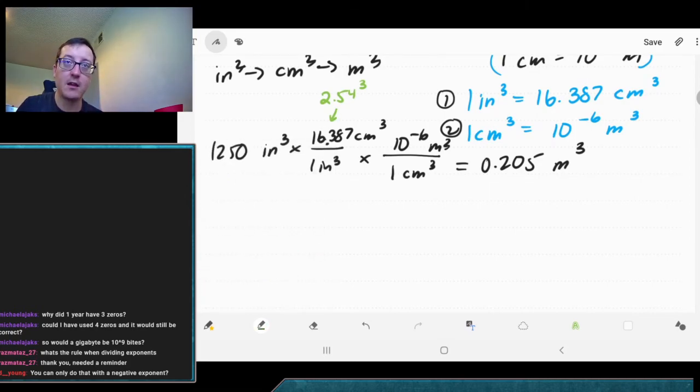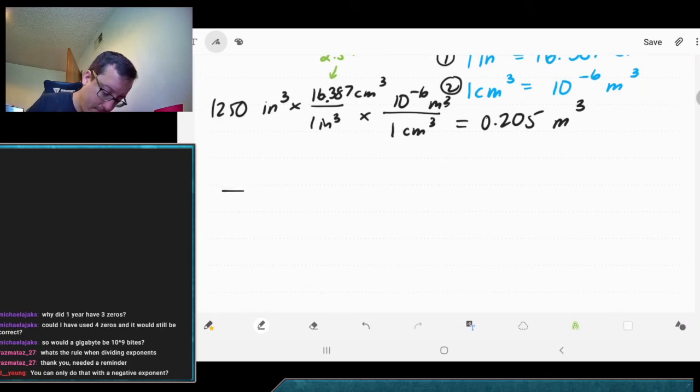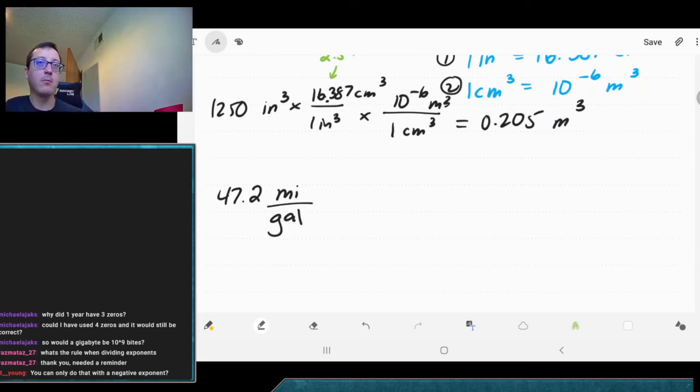All right. Last little bit here. Let's say I have a complex unit, 2 units in 1, miles per gallon, and I want this in feet per quart.